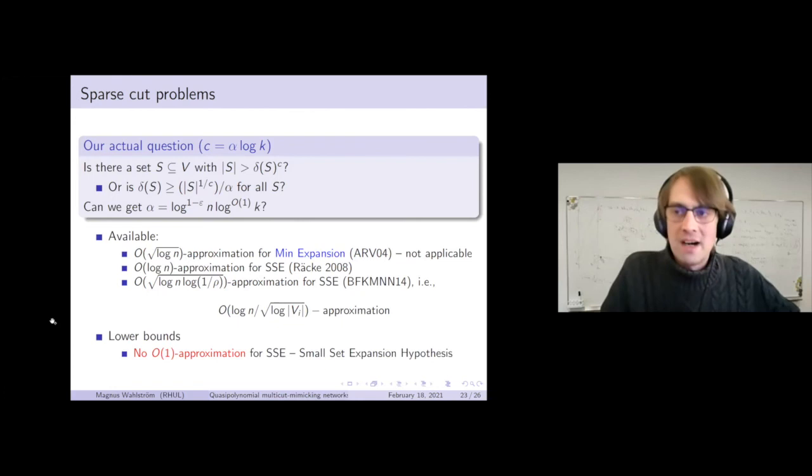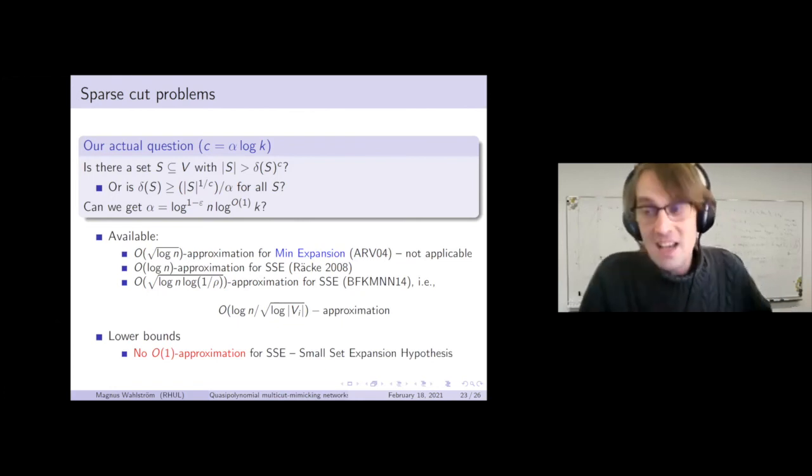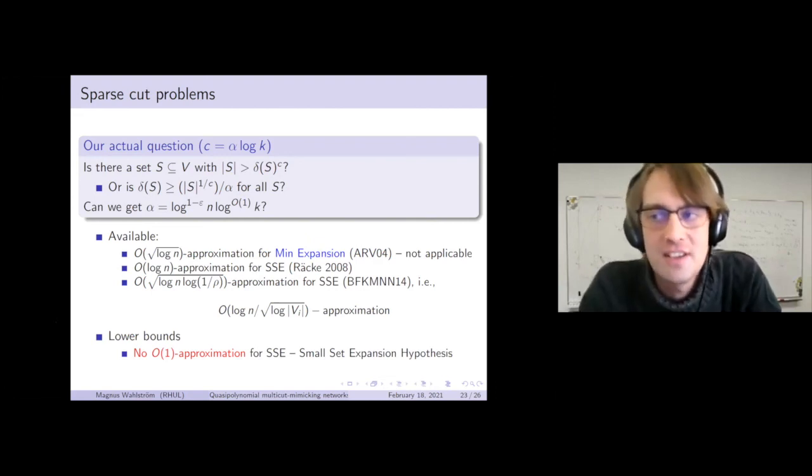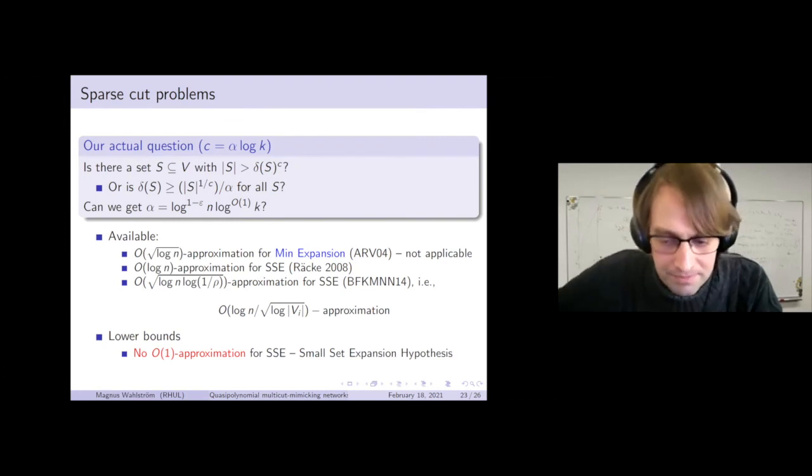The only lower bound is against the constant factor approximation, and that's under our hypothesis. So it's not so much a lower bound as somebody's hypothesis that this problem doesn't have a constant factor approximation.